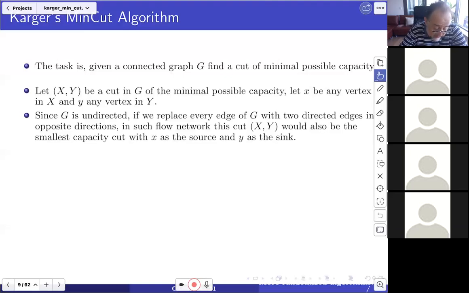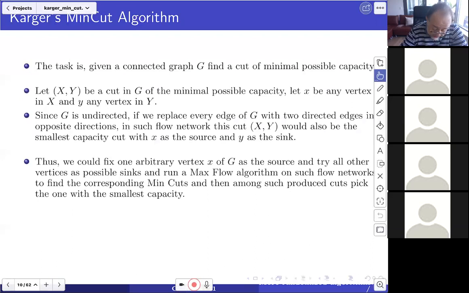Since G is undirected, we can replace every edge in G with two directed edges in opposite directions. In such a flow network, this cut would also be the smallest capacity cut with X as the source and Y as the sink, if x belongs to X and y belongs to Y.